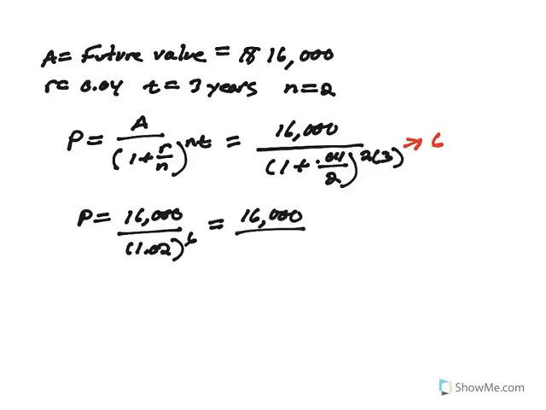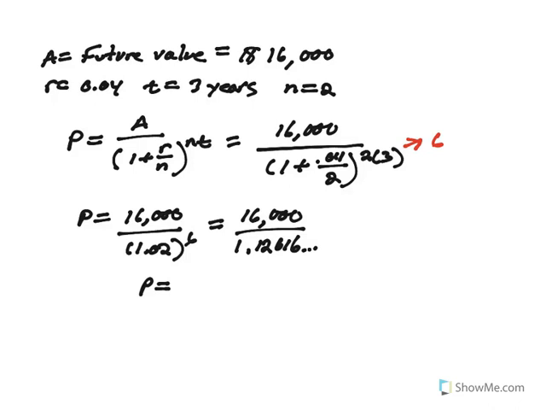You take 1.02 raised to the 6th power, I got 1.12616, etc. Then we take 16,000 and divide it by 1.12616. You will get $14,207 and 57 cents. Or 55 cents, sorry.